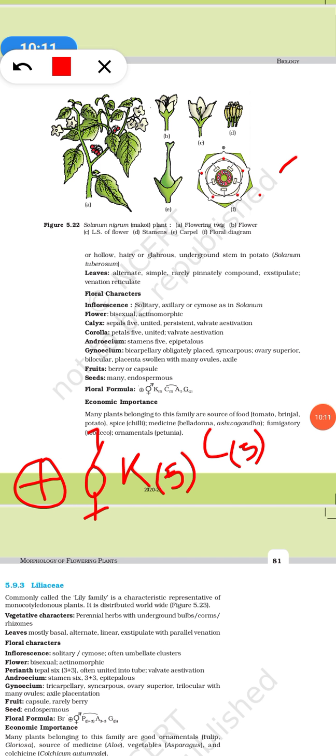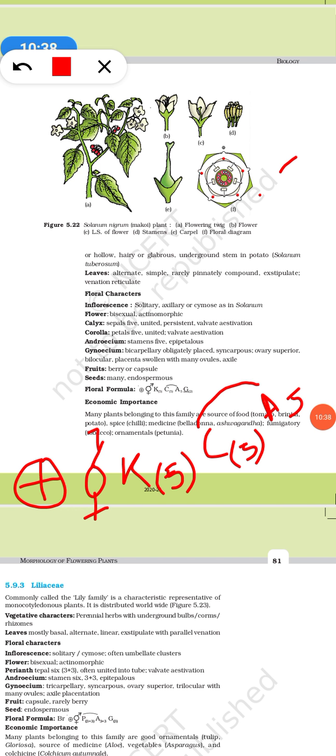They are fused and they are separated, valvate. Okay. Next, androecium. There are 5 stamens and epipetalous. So I am writing androecium as 5, and when it is epipetalous, that means petal and androecium will be joined together, fused together with this arrow.